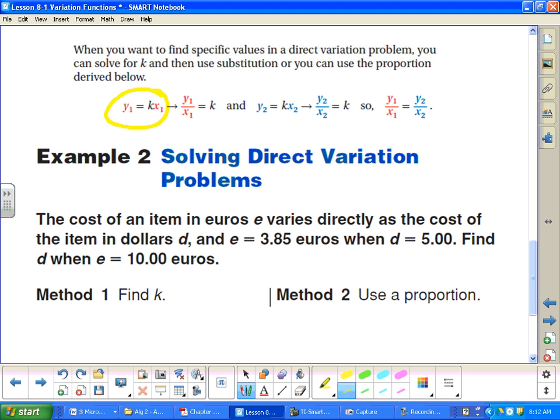And if we're trying to solve a direct variation problem, we can use the direct variation proportion, which has y sub 1 over x sub 1 equals y sub 2 over x sub 2. Notice that in this proportion, the y's are both in the numerator, and the x's are both in the denominator.